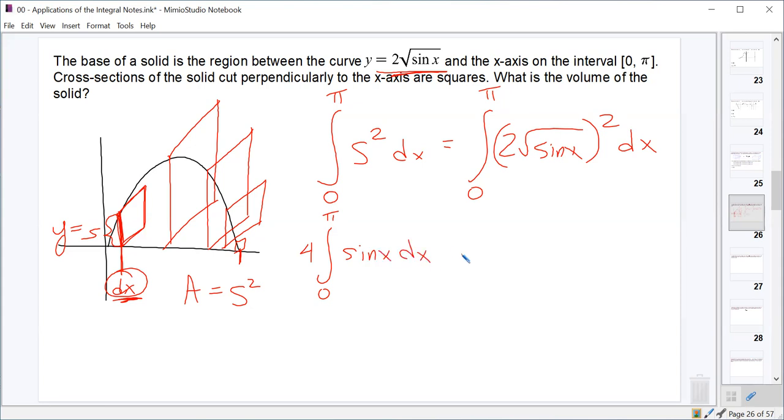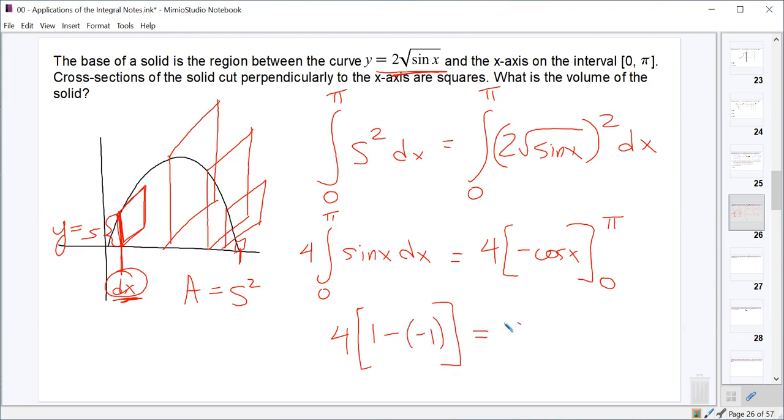Then we'll integrate, giving us that the integral of sine is negative cosine, so it's going to be 4 times negative cosine x from 0 to pi. The cosine of pi is -1, so negative of that is positive 1. And then the cosine of 0 is 1, so we have 1 minus -1, effectively giving us 8 units cubed for our volume.